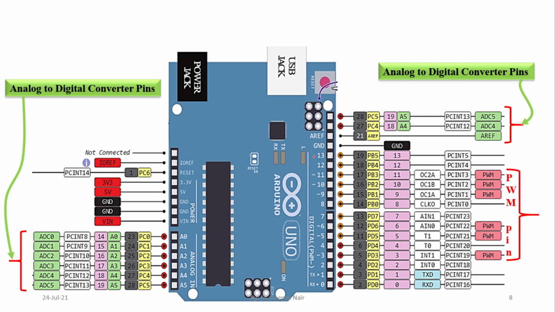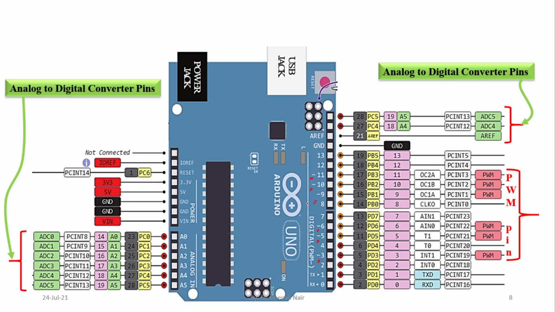If we need to generate an analog output from the microcontroller board, then we can use these pins which are represented in pink, written as PWM. If you observe here, pin numbers 11, 10, 9, 6, 5, 3, or if you want to remember, it is 3, 5, 6 and 9, 10, 11.